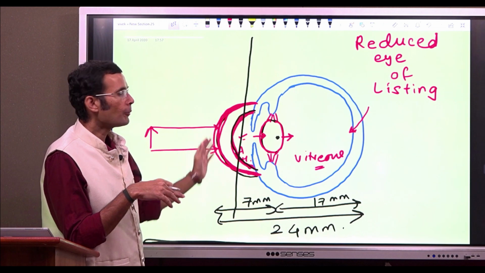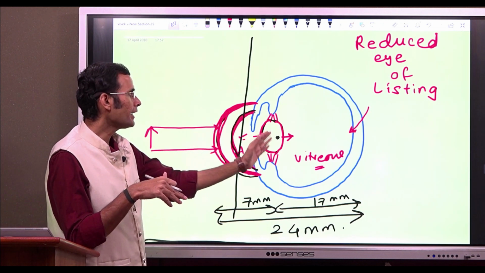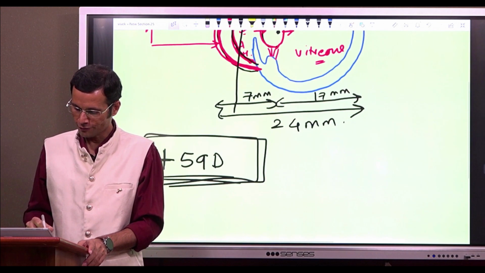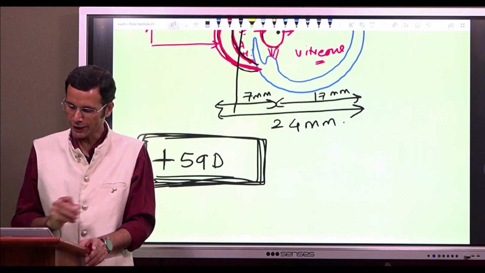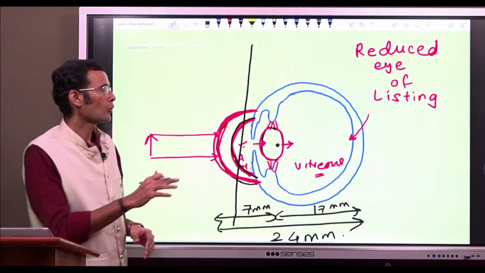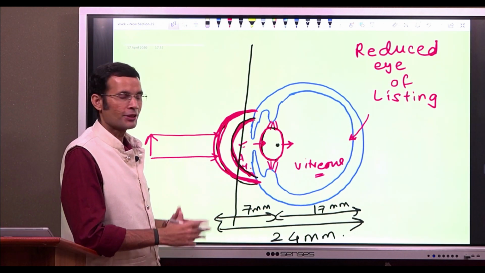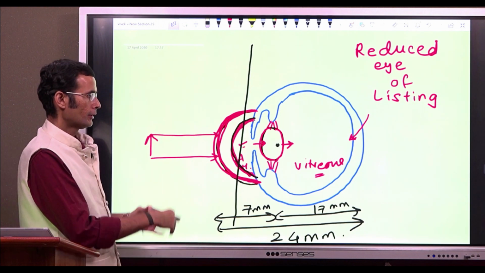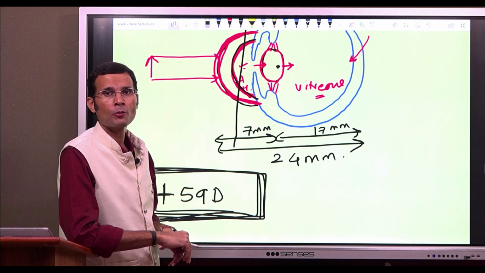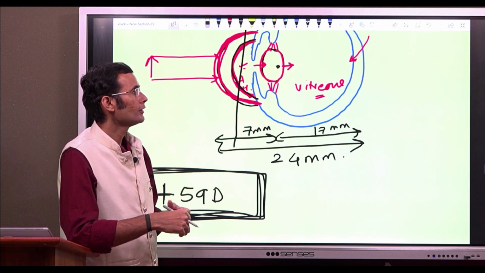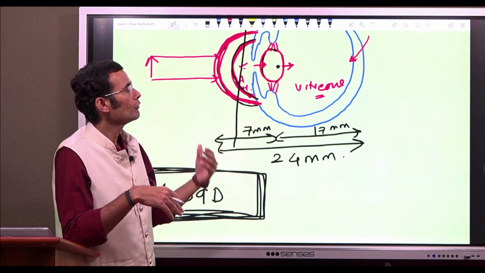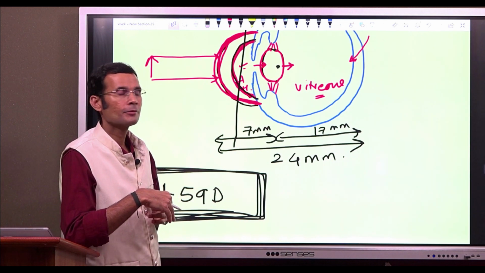So, 41 diopters by the cornea and 18 diopters by the crystalline lens, and the total dioptric power of this reduced eye is 59 diopters. So, that is a simplistic model called the reduced eye or schematic eye. This is just to consider how the image formation normally occurs on the retina, and in errors of refraction, the image formation would not occur on the retina.